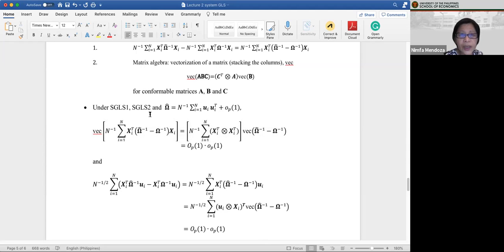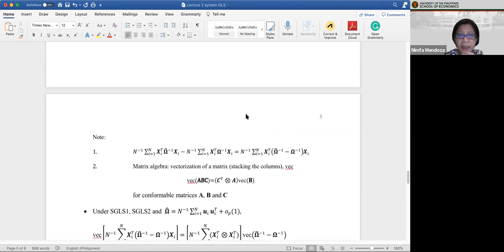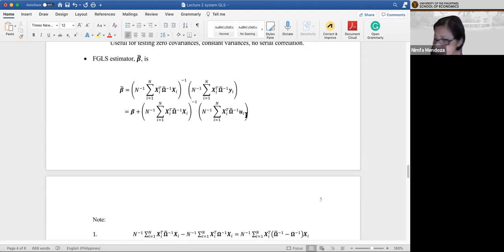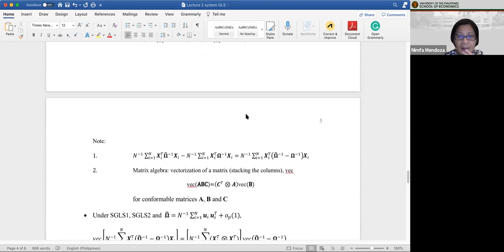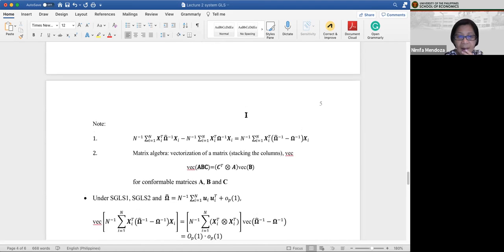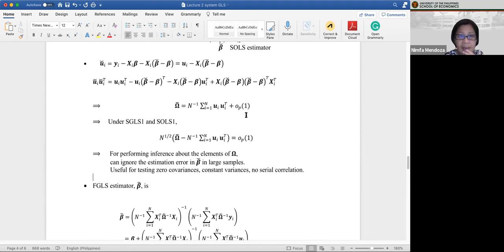Under the assumptions of SGLS and our earlier result that omega hat is equal to n inverse times this plus a term that converges in probability to zero. Where did we have that? Lambda hat.